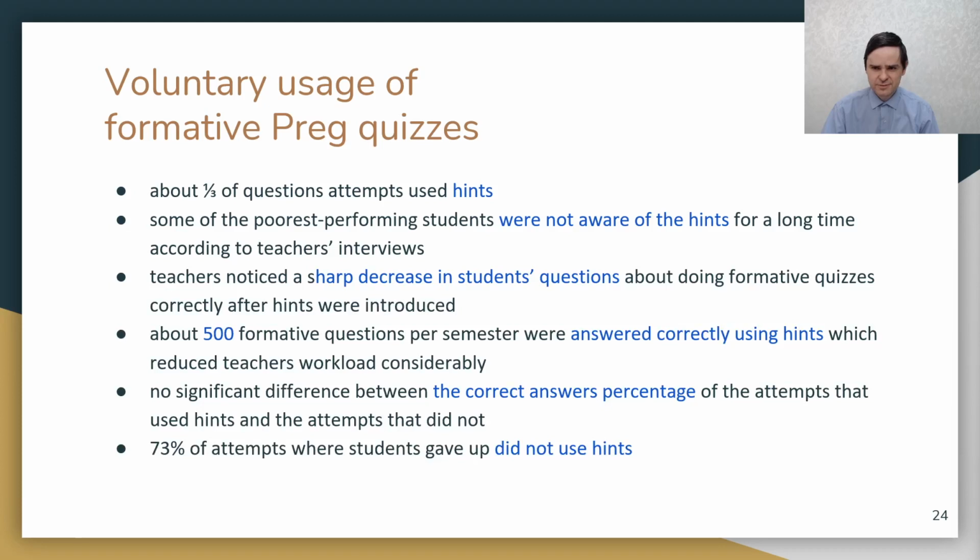The chief benefit of introducing pre-questions was significantly reducing the time the teaching staff spent on answering students' questions about their formative quizzes. About 500 formative questions per semester were answered correctly using hints. In other circumstances, they would have led to students asking questions to teaching staff.